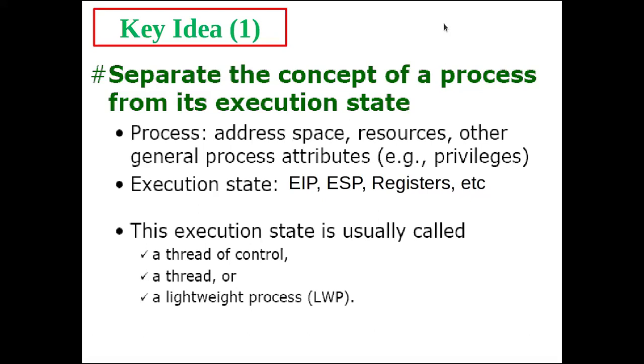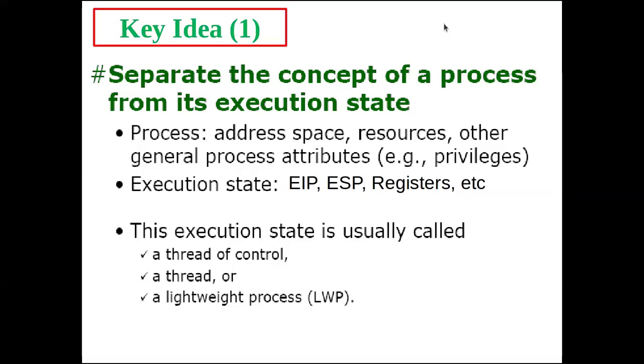The resources: files, sockets, or other system level resources. These are the things the process uses to perform the task. And then general process attributes like privileges, access rights, other identifying properties. So when we say process, we are talking about memory, resources, attributes, and this is the environment or a container.